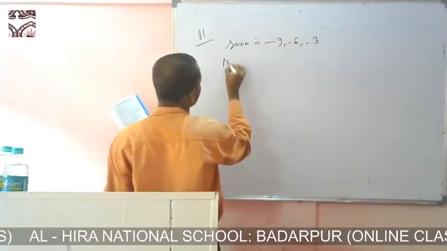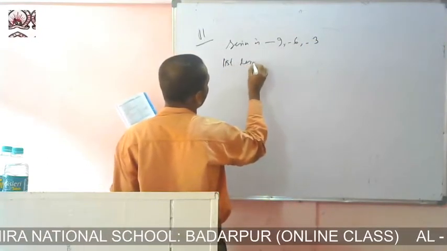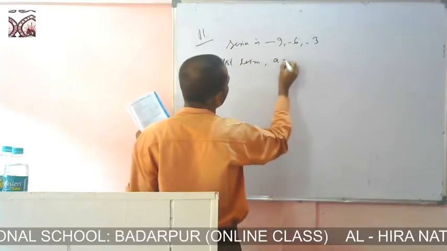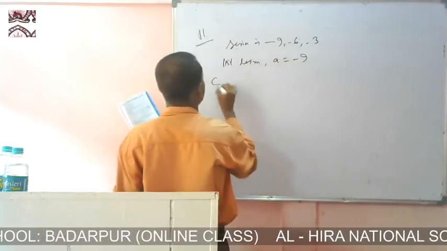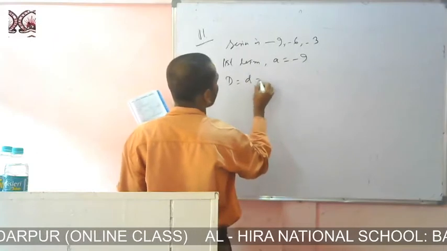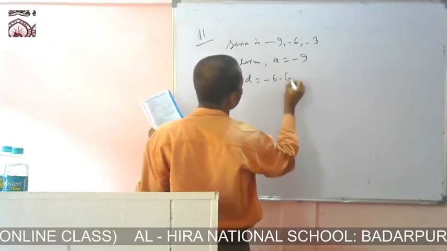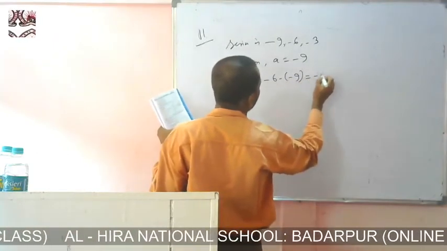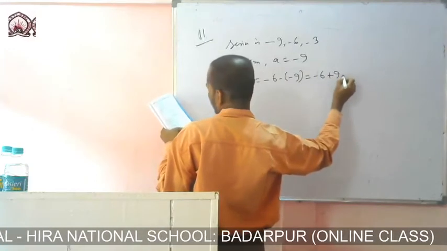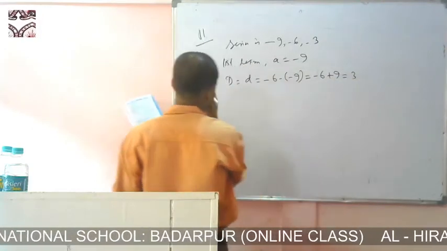So the first term a is minus 9, and d is minus 6 minus of minus 9, which is minus 6 plus 9, equal to 3.